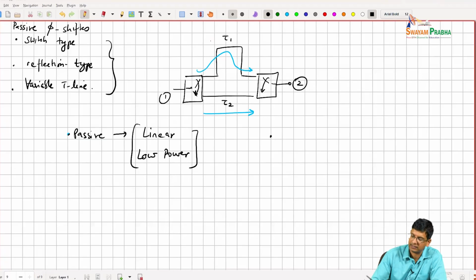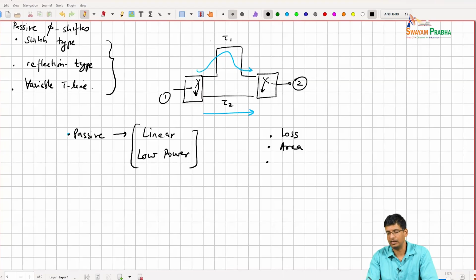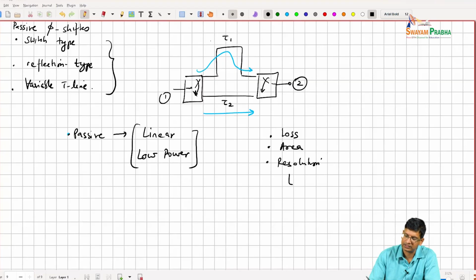The disadvantages are that it can be lossy, it can have a large area, and we usually have a resolution trade-off, because it needs one section for every bit.